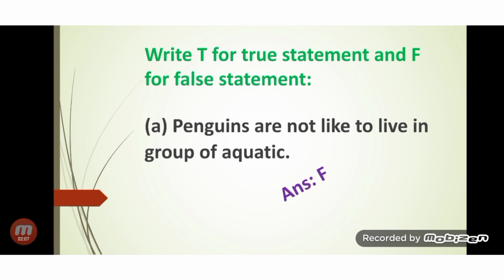So according to the text, this is a false statement. At the very beginning of the passage, we find this statement, where it is written that penguins like to live in a group of aquatic. But here it is written that penguins do not like to live in a group of aquatic. That's why it is a false statement. So you have to write F.